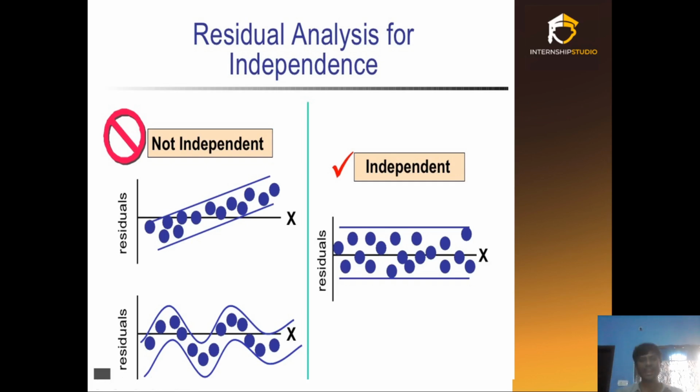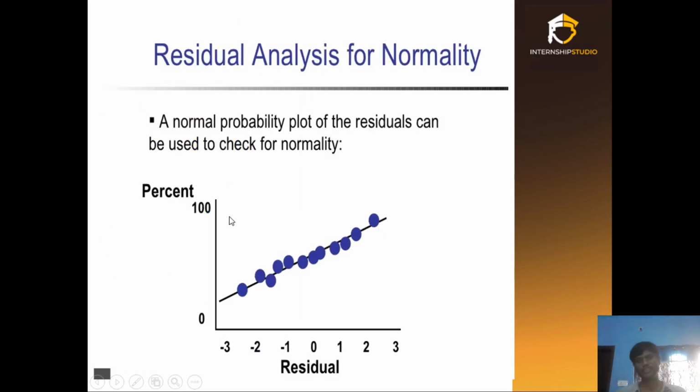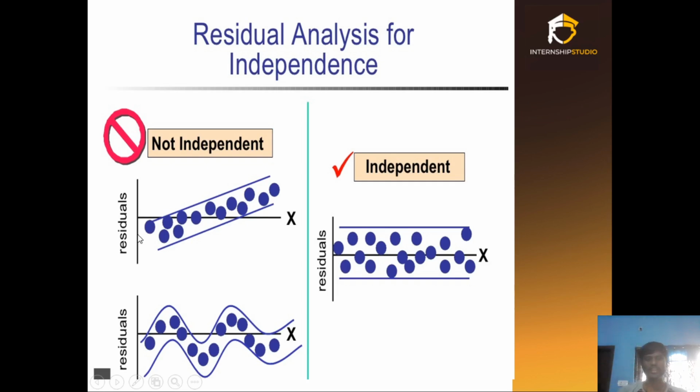And regarding the independence condition, to understand the independence, if you plot the residuals with respect to x, you can see a set of variations, right? Here it's a linear variation that you are observing, and here you have a curved variation, some sine wave kind of curves with respect to the residual and x value.